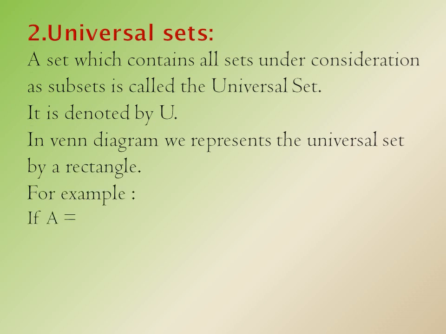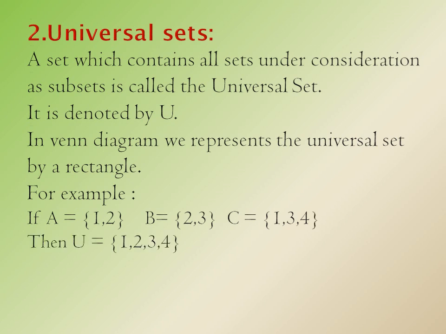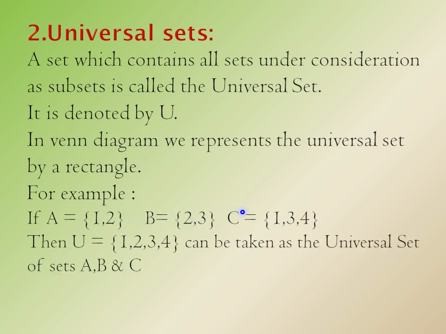For example, if set A = {1, 2}, set B = {2, 3} and set C = {1, 3, 4}, then the universal set includes all the elements from set A, set B and set C. Together it will be {1, 2, 3, 4}. It can be taken as the universal set. You know that universal means all. It can be shown in a Venn diagram like this.